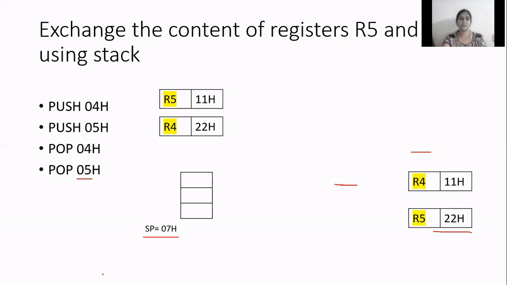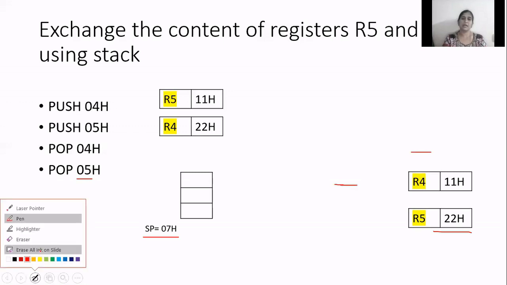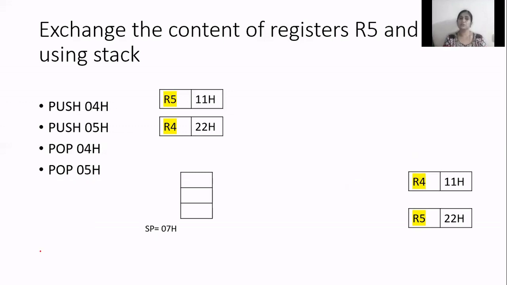So what is happening when I say pop? The top of the stack will be loaded to the register R4, and then the second time to the register R5, and every time after popping out the data, the stack pointer gets decremented. So what is the final result?